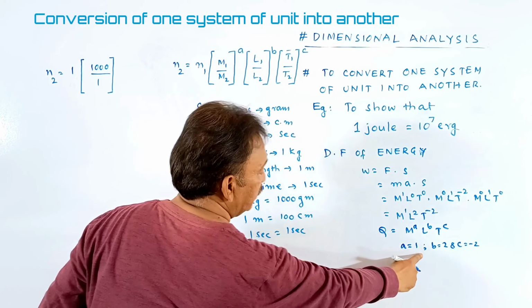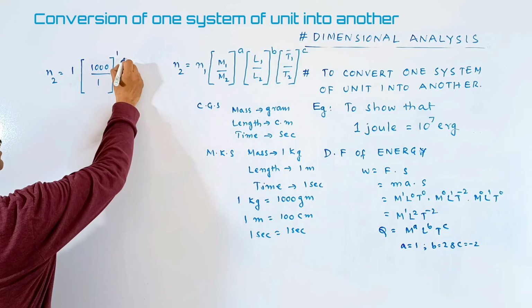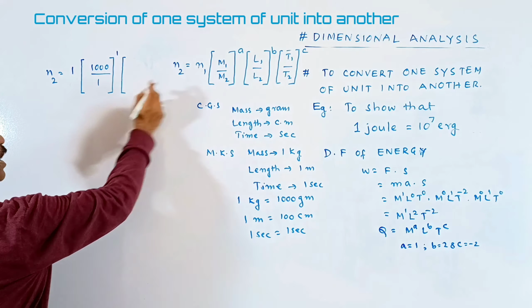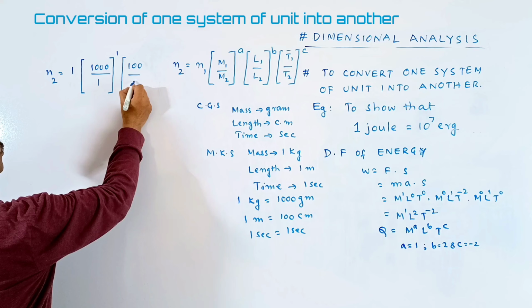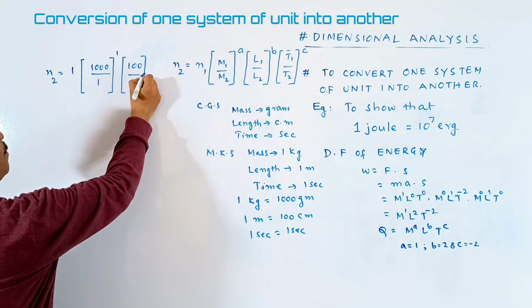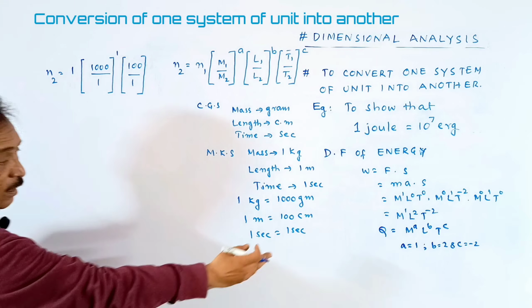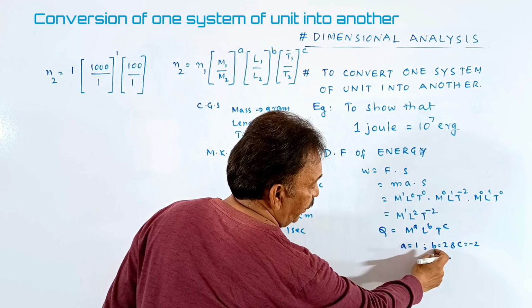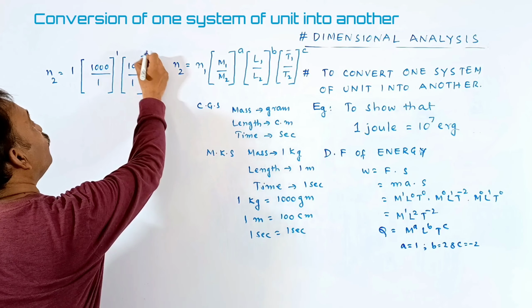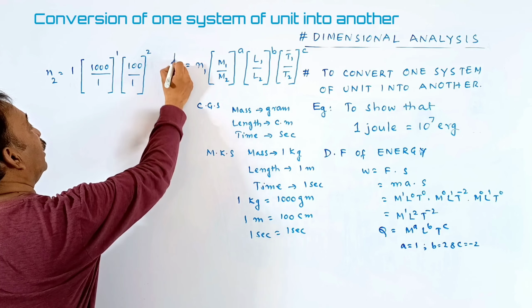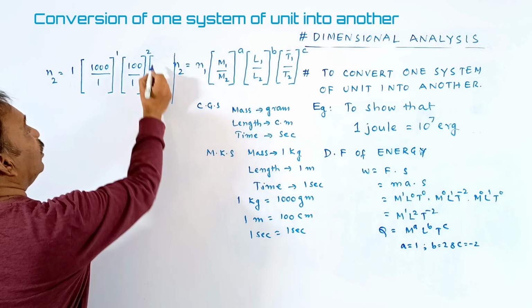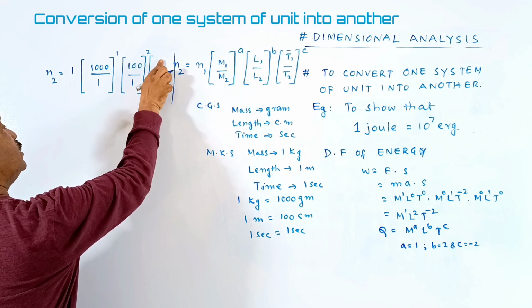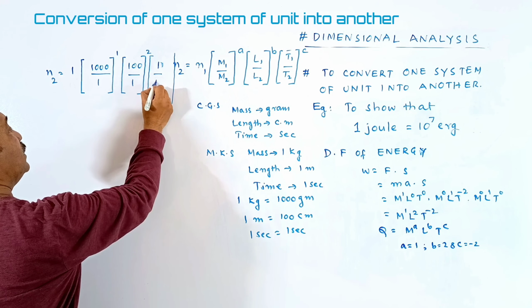It is 1. Similarly, length is 100 by 1 to the power of b. It is 2. And third one, T1 means second by second.